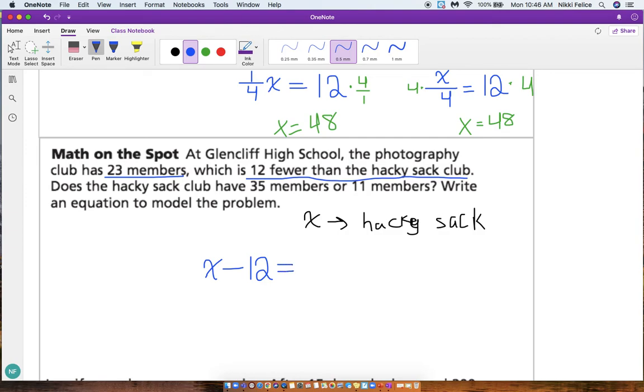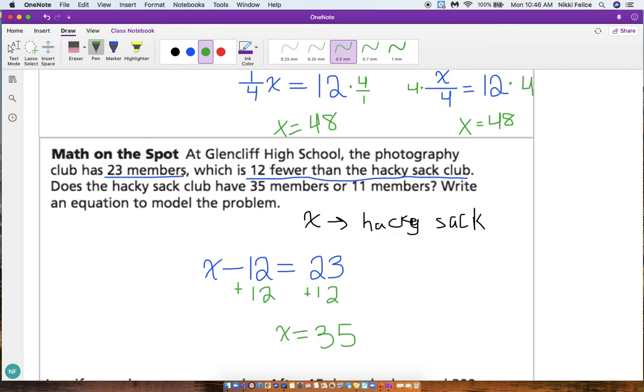So Hacky Sack minus 12 has to equal 23. x minus 12 equals 23. Of course, we use those inverse operations to solve. And we get that x equals 35. So the Hacky Sack Club has 35 members.